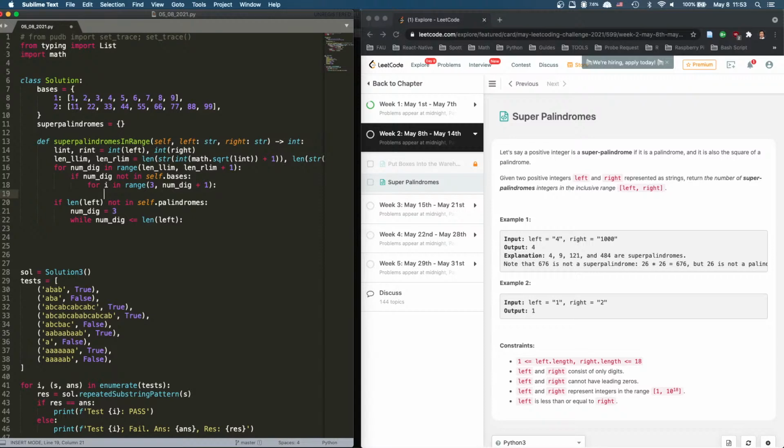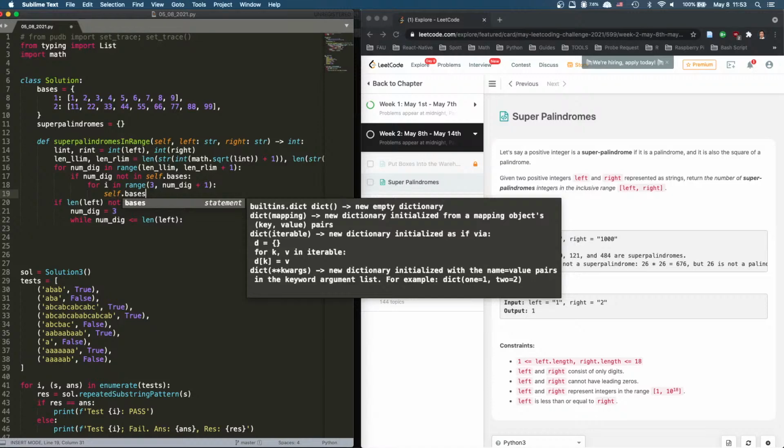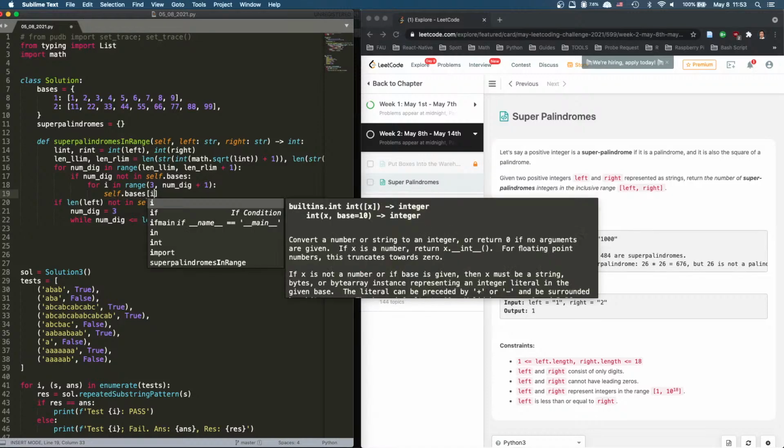Then for i, the num digit, we got i minus 2 is the one we're going to use, and I'm going to take every one out of that and append on the front and the back. So what we're going to say is self.basis i.